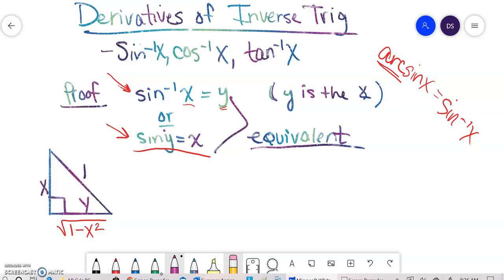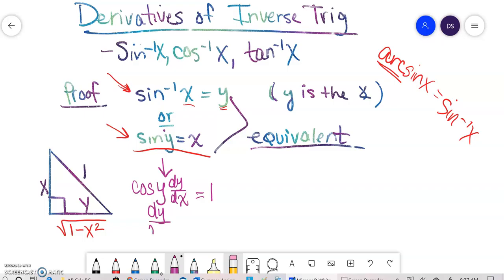So what we're going to do to prove this is kind of cool. If these two equations mean the same thing, I know how to take the derivative of the sine of y, but be careful because it's a function of y with respect to x. So the derivative of sine is cosine y, dy dx, your implicit, equals 1.